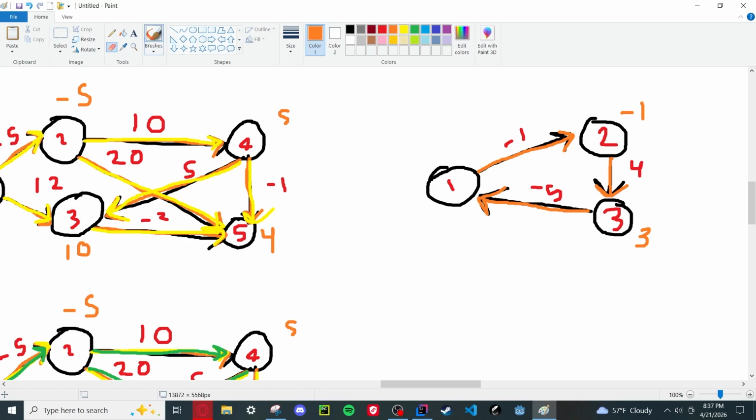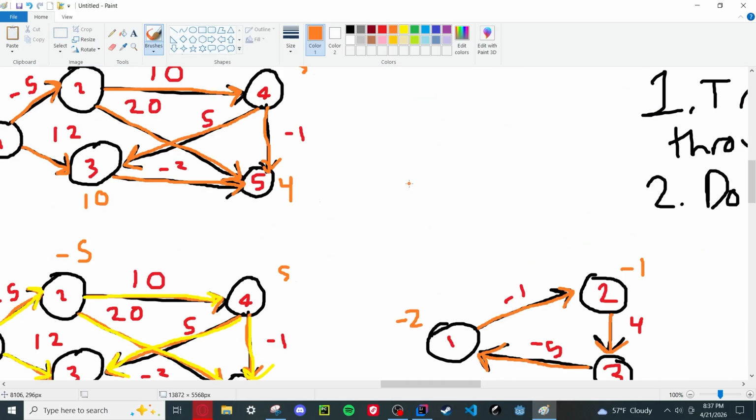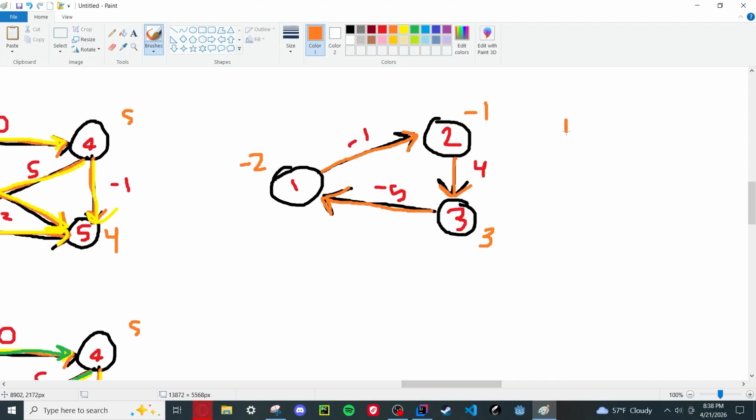In Dijkstra, everything was set, right? We've had to finalize stuff in Dijkstra. This is not Dijkstra. This is a different algorithm. So, -2. This is n equals 1. We should do one more time and we should have it solved, right?